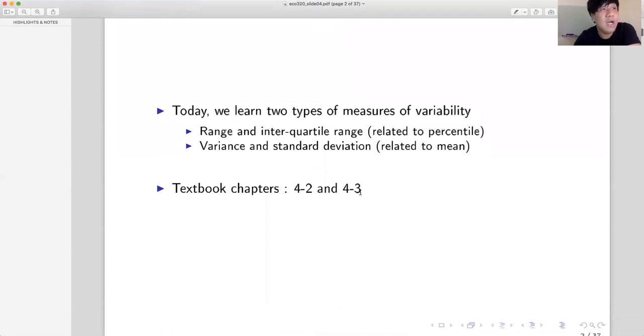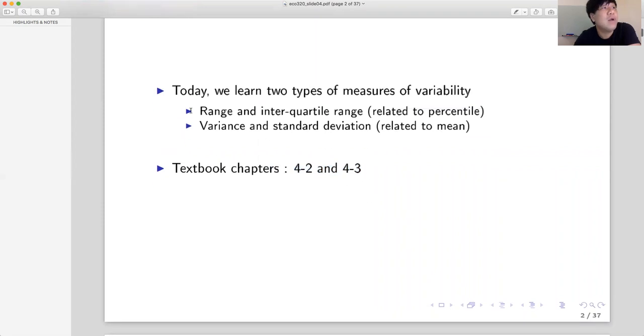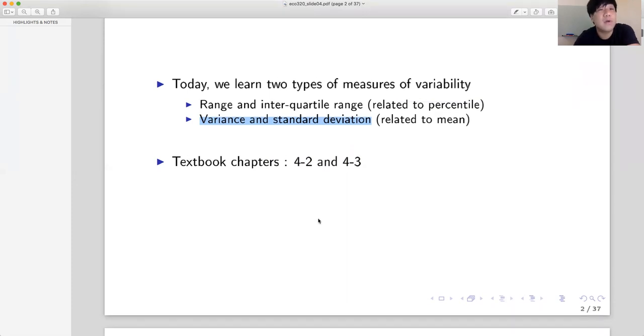The relevant topics are in chapter 4.2 and 4.3. We're gonna learn range and interquartile range, and variance and standard deviation. These are very important concepts because when we talk about data, mean and variance are pretty much the two most important variables we want to discuss.